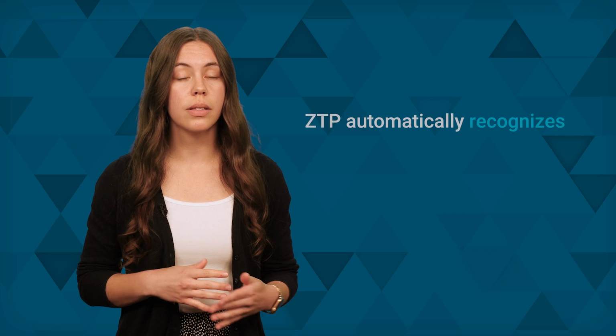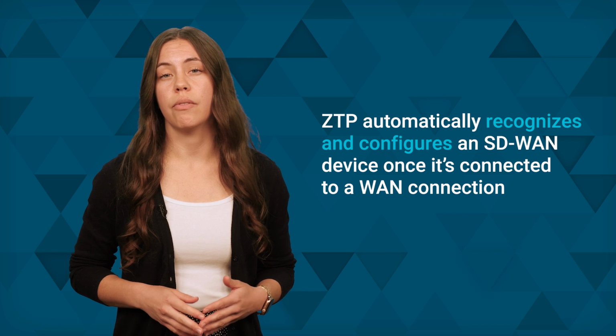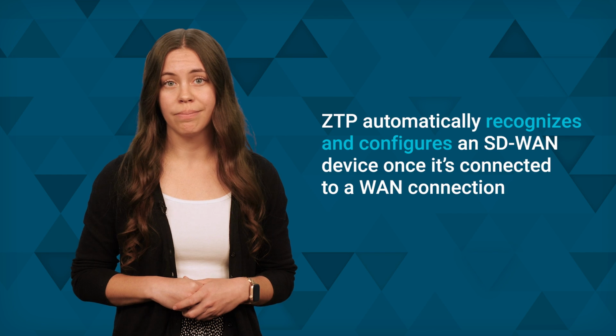Once you've settled this deployment question, it's time to prep your network infrastructure for implementation. First, examine the existing network and determine if the current hardware can support SD-WAN. You may need to upgrade equipment. Most SD-WAN vendors support zero-touch provisioning, or ZTP. ZTP automatically recognizes and configures an SD-WAN device once it's connected to a WAN connection.